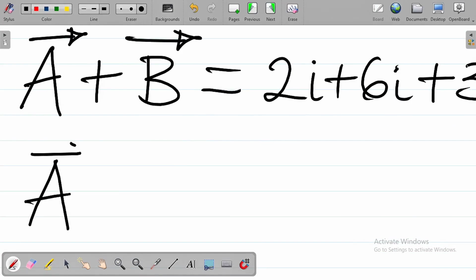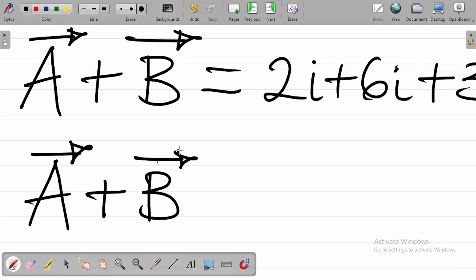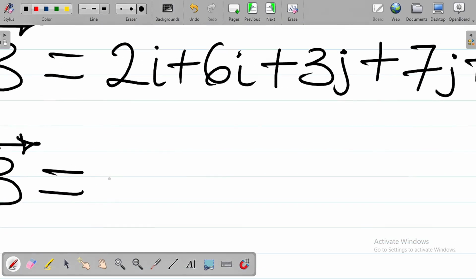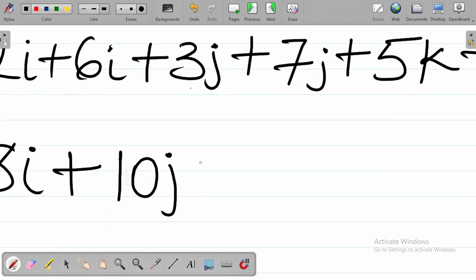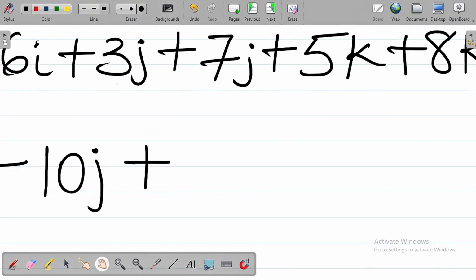So vector A plus vector B is equal to 2i plus 6i is 8i, and then plus 3j plus 7j is 10j, and then plus 5k plus 8k is 13k.